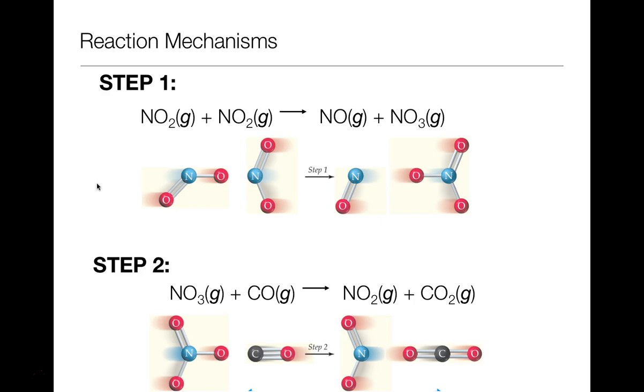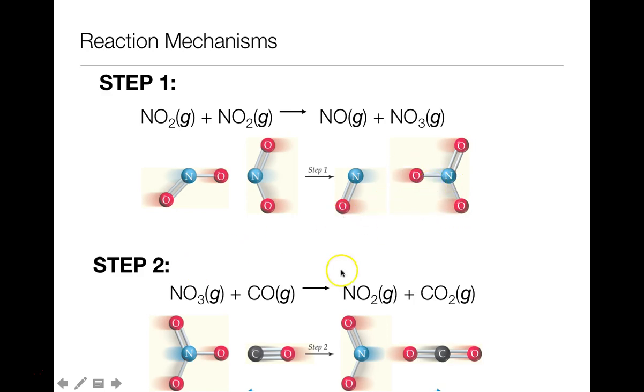So you can see that the molecule on the left is in correct orientation with the molecule on the right. And you can easily see here that there's an oxygen transfer step. So we're left with this NO2. It broke this NO bond. The NO then formed a new bond over here. So that's our first step.